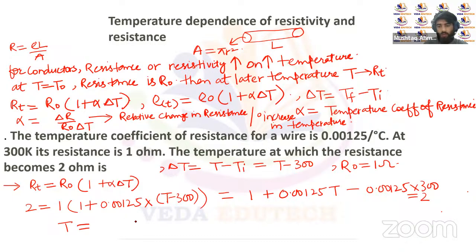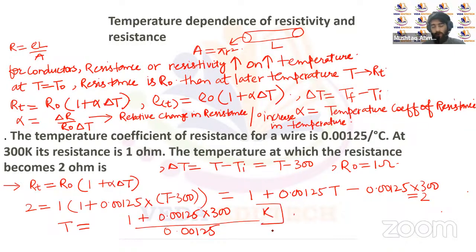So T will be equal to 1 plus 0.00125 multiplied by 300, upon 0.00125. This will be the final temperature in the Kelvin scale.